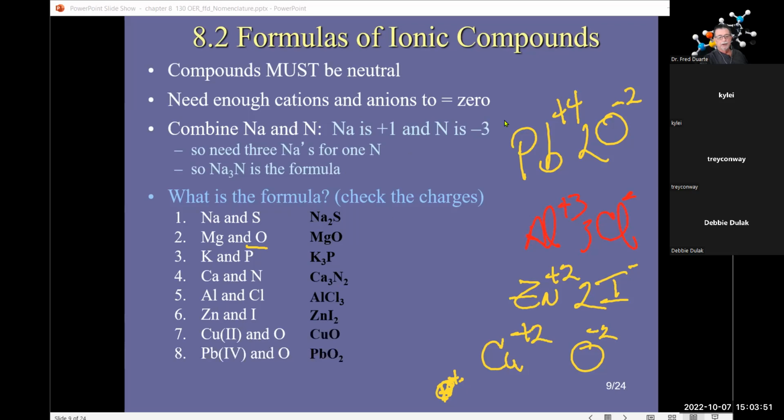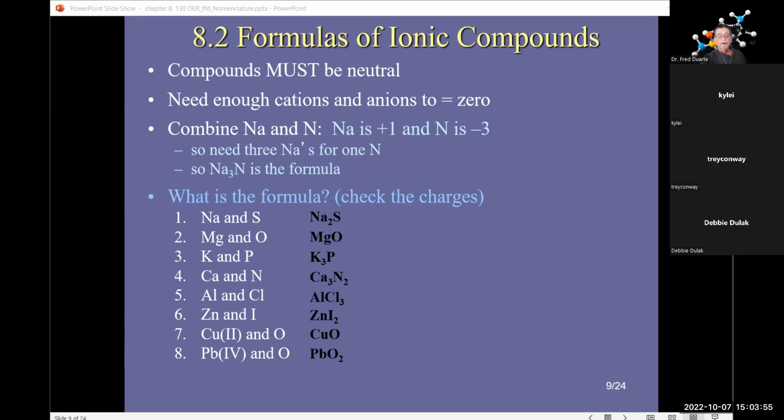Okay, now let's just quickly do some names on this thing. Now, the other aspect is this: you can mix and match. Take your sodium and combine it with the oxide, the phosphide, the nitride, the chloride and the iodide.